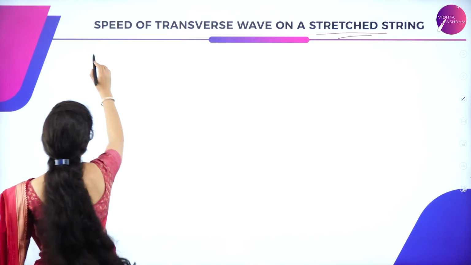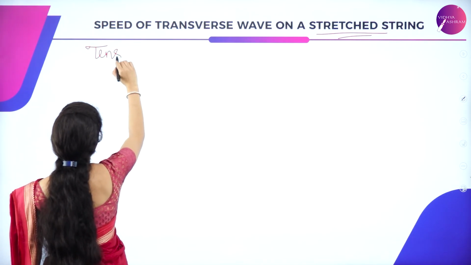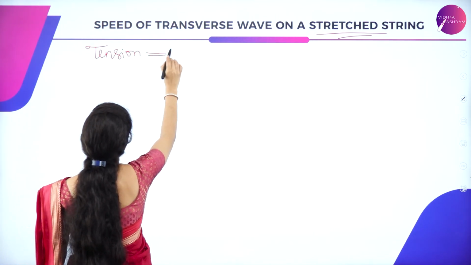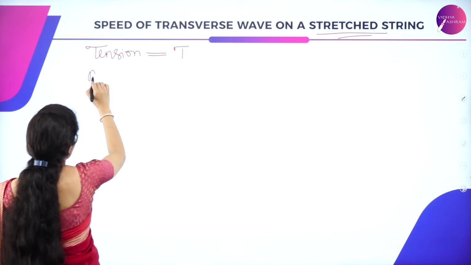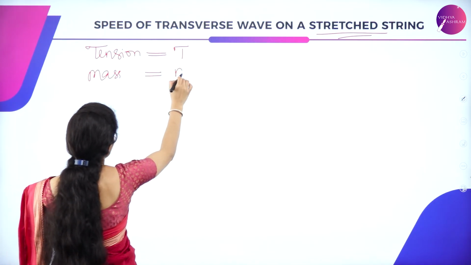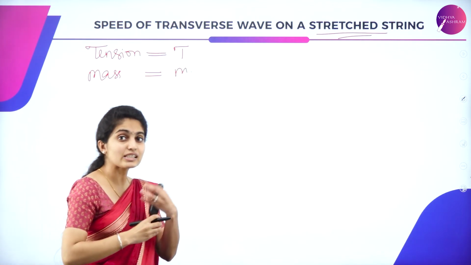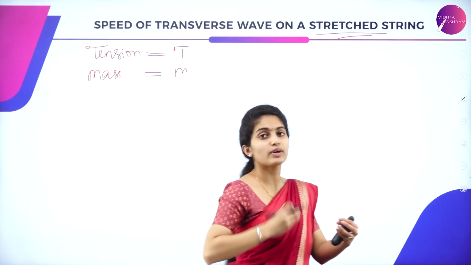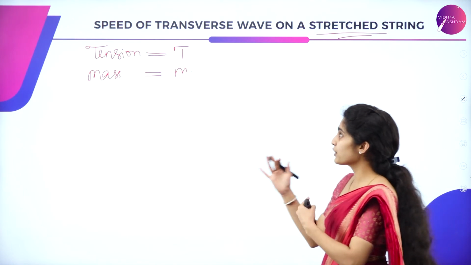So it is called tension, which acts on a string, given by T, and it is always applied with mass per unit length, given as m. So there is a presence of tension as well as the mass m. How can this be given?